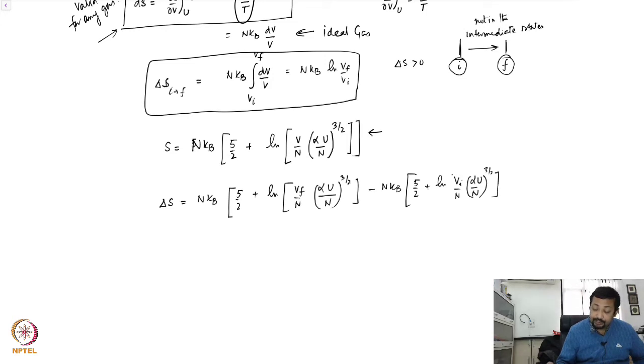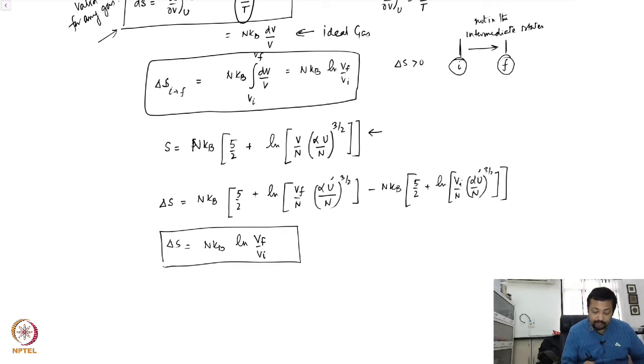Since essentially no heat and no work has been done, the internal energy for both the states remains the same, and you immediately see that this answer matches with the answer which you had obtained earlier, that ΔS is going to be NkB ln(Vf/Vi) for an ideal gas.